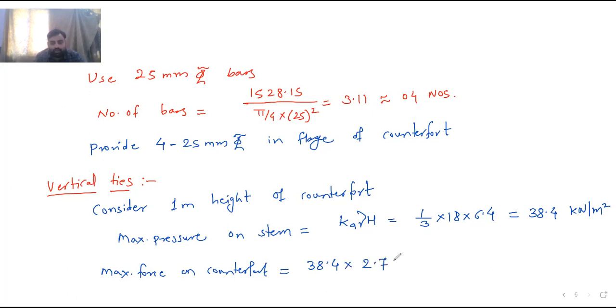Okay, into height we have considered 1 meter. So into 1, I will calculate now. So it is 38.4 into 2.7. It is 103.68 kilonewton. So this is the maximum force.